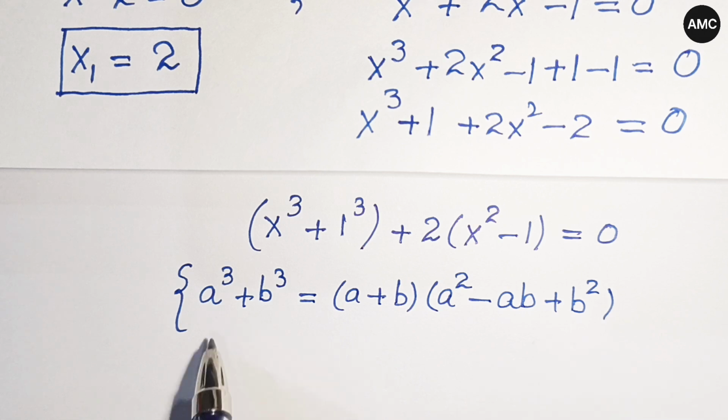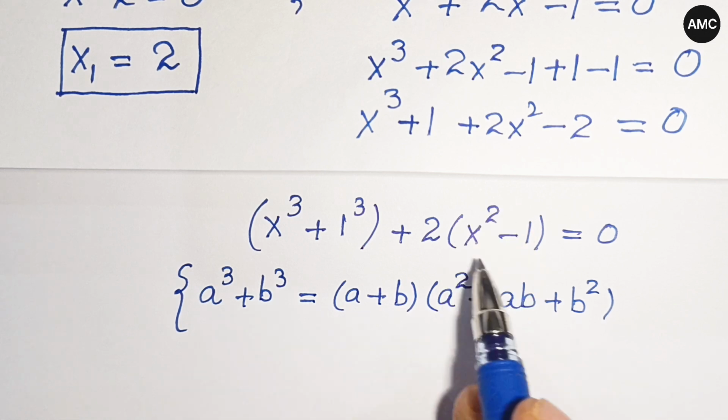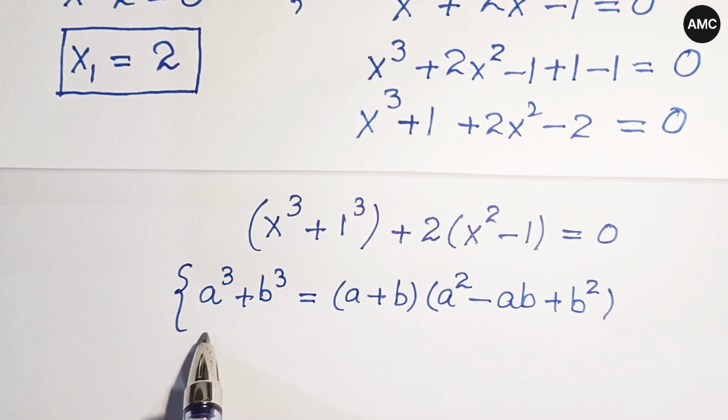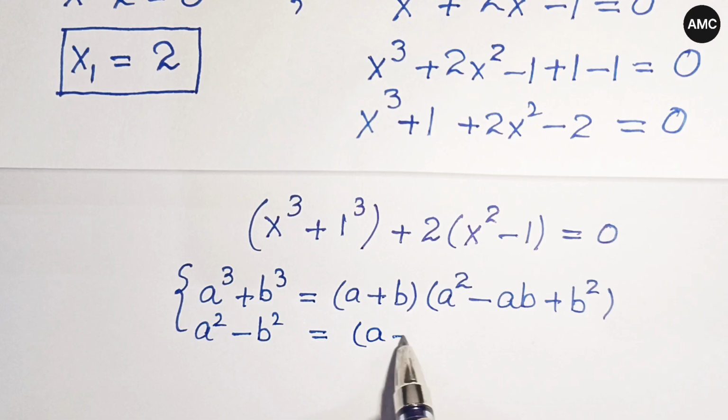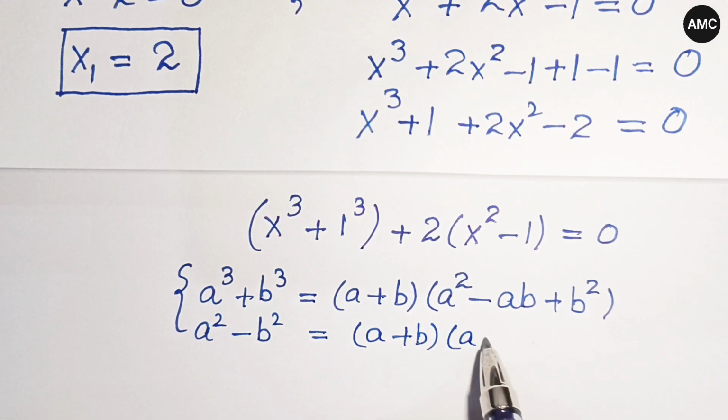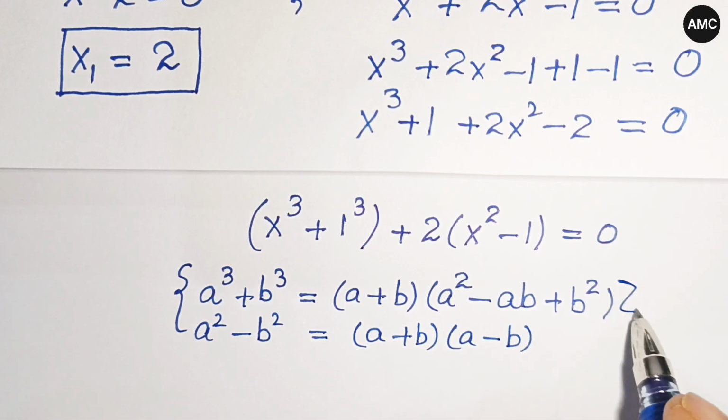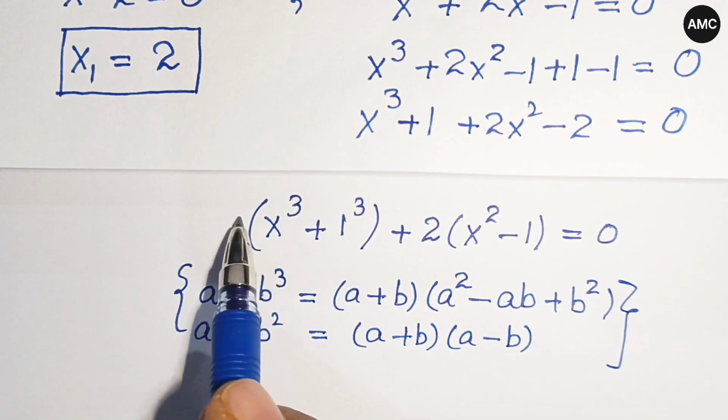So we have another identity we have to use here, x squared minus 1 squared actually. So it is a squared minus b squared, which is equal to a plus b times a minus b. So these are two identities we have to use in our problem here.